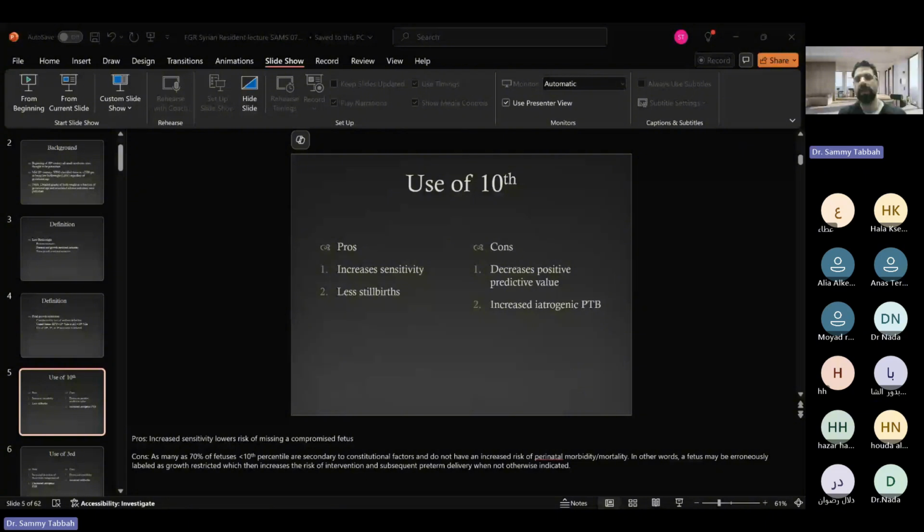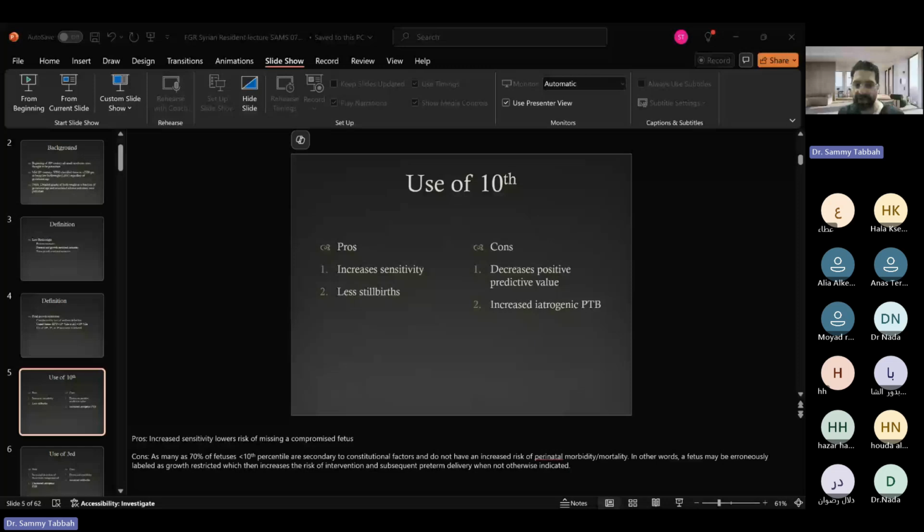But the trade-off is that it decreases the positive predictive value, and so you might have an increase in babies being born early unnecessarily because of a false diagnosis of growth restriction. The use of the 3rd percentile increases the likelihood that you are truly picking up a baby who is compromised and growth restricted, and therefore decreases the risk of unnecessary preterm birth.